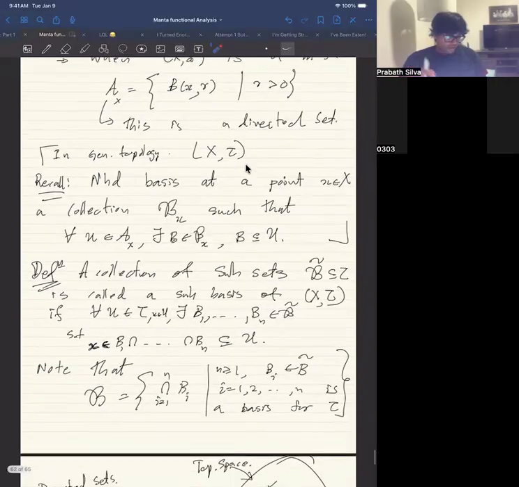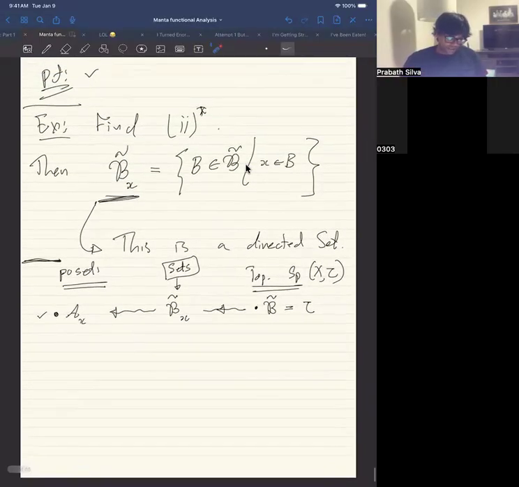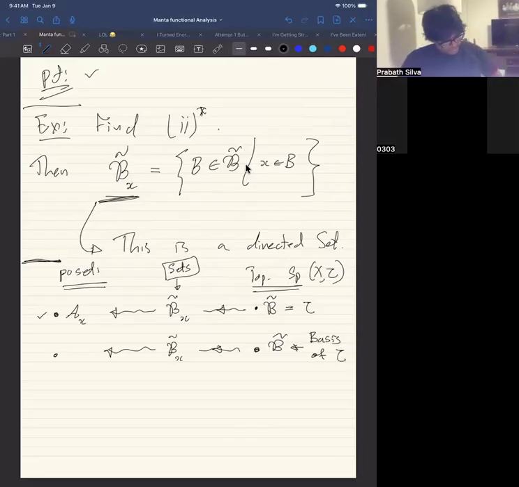Okay, and if you take, instead of the whole topological space, this B delta to be a basis of tau, you can construct B delta X in this case, and what you'd get is what I wrote by Bx.